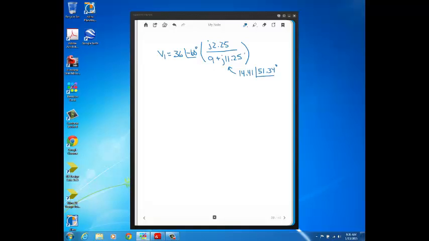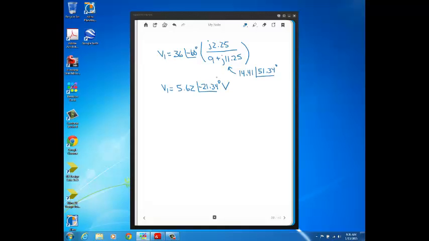So if you just work out the numbers here, you should get a V1 that has magnitude 5.62 and it has an angle of minus 21.34 degrees. Okay, that's our V1.